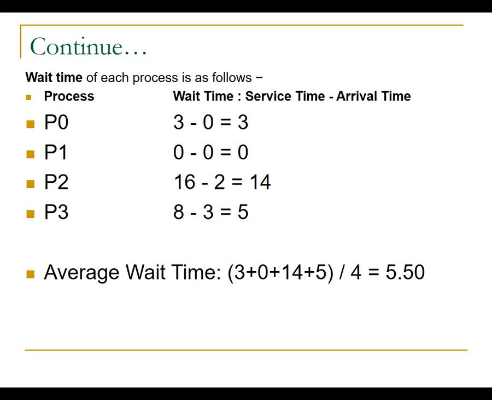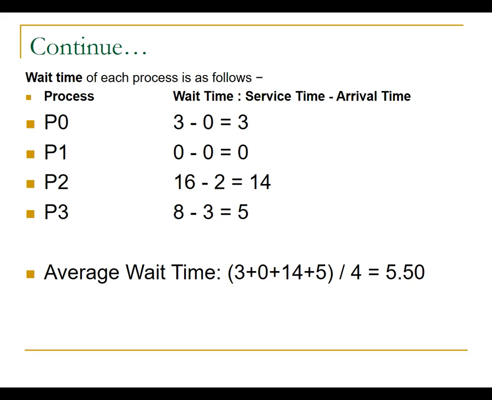Here the figure is not a concern for the discussion of the entire topic. The thing is that from these services, that is P0, P1, P2 and P3, total 4 services, the least waiting time for a process is P1, that is 0.